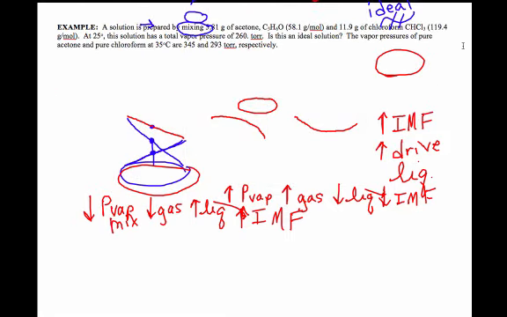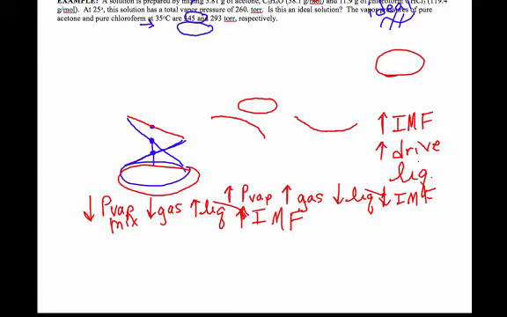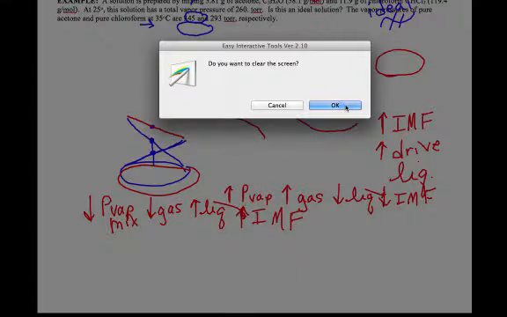Now, these numbers were chosen so that you could get a nice rough estimate based on these molar masses. So I want to get the mole fraction of acetone. And so that means I need the moles of acetone. Moles of acetone, you take mass over molar mass, and we're going to get 0.100 for our acetone.